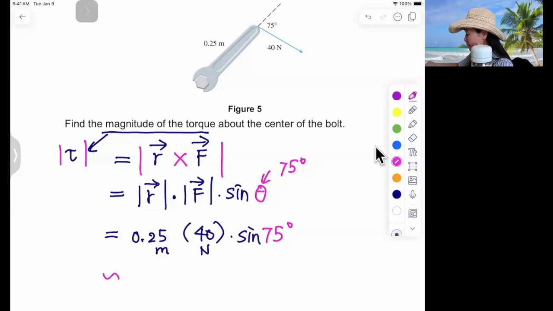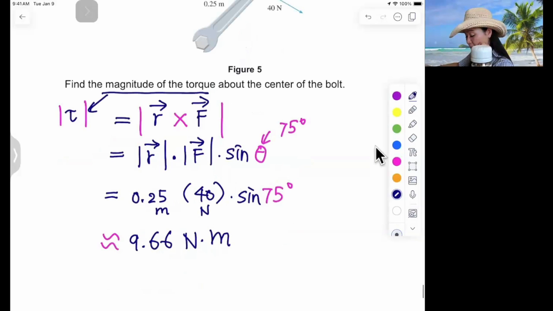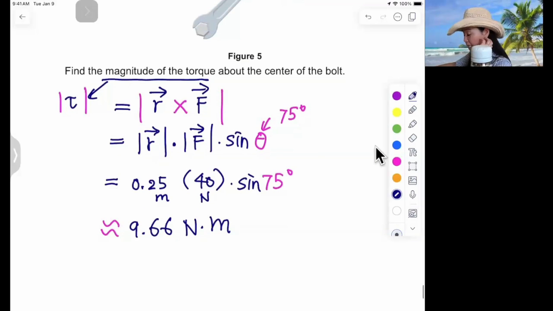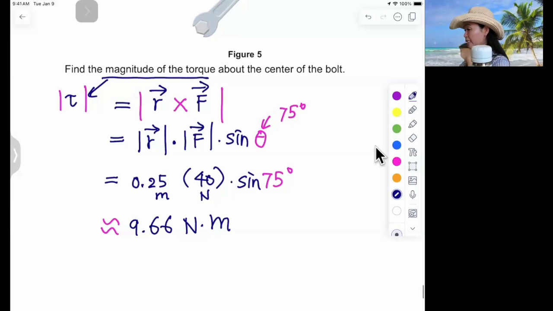Yeah, that's about 9.66 Newton times meter, right? So that's the magnitude of the torque.